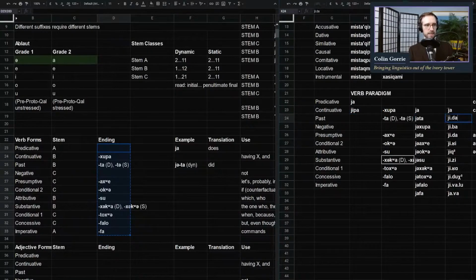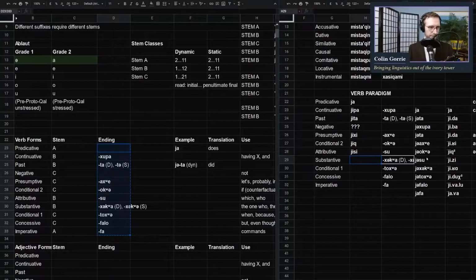Past tense is yida. Negative, we actually don't know, so we haven't done that yet. We have presumptive achwe, so that's yiri. Conditional 2, this is yik. So put that here. Attributive, this is the su form, so yizi. Substantive, this is the chakwa form.